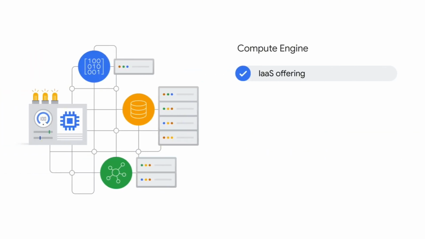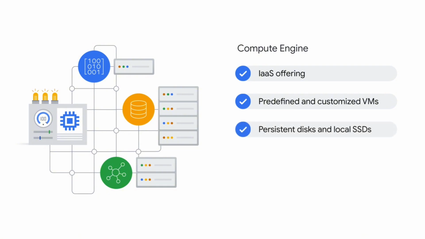Compute Engine is an IaaS offering, or infrastructure as a service, which provides compute, storage, and network virtually that are similar to physical data centers. Compute Engine provides access to predefined and customized virtual machine configurations. At the time this training was developed, VMs could be as large as 416 vCPUs with more than 12 terabytes of memory.